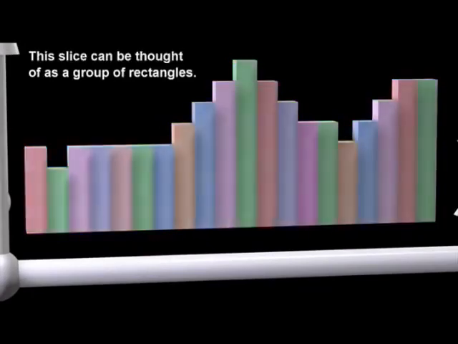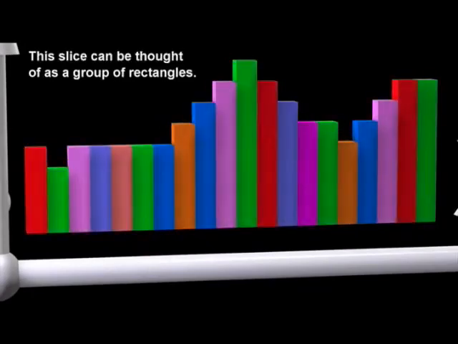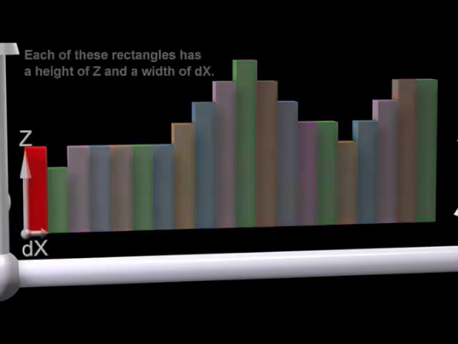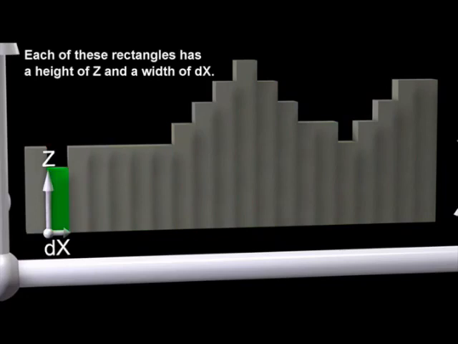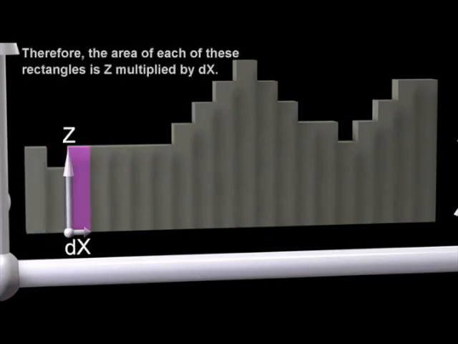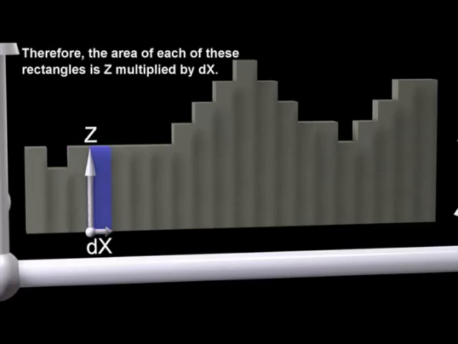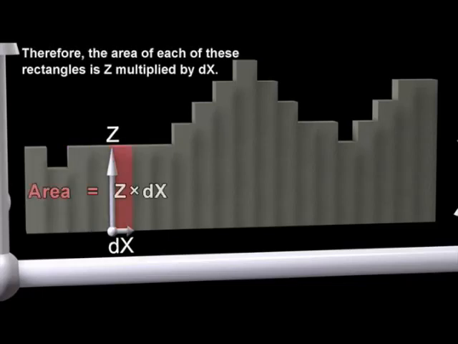This slice can be thought of as a group of rectangles. Each of these rectangles has a height of z and a width of dx. Therefore, the area of each of these rectangles is z multiplied by dx.